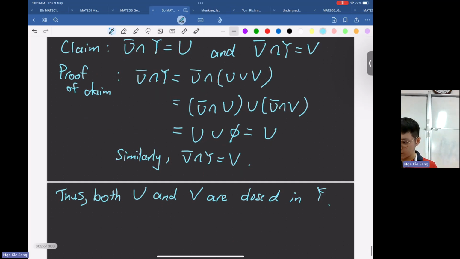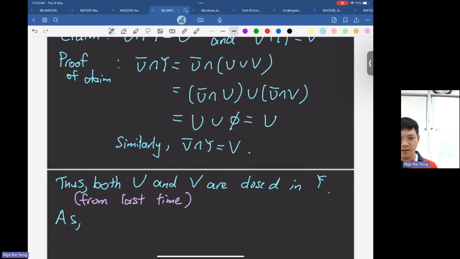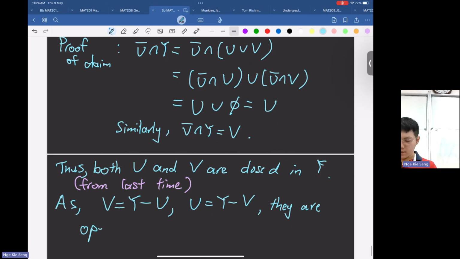Then, as V equals Y take away U, and U equals Y take away V, they are open in Y. Excellent.